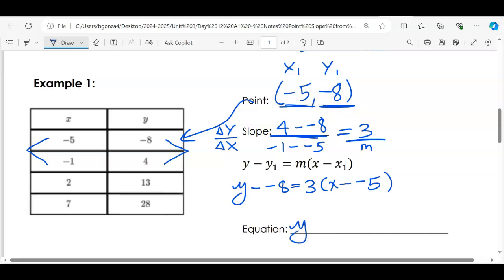So it's really just y plus 8 equals 3x plus 5. If you want to skip that middle step because you know minus a negative is plus, that's fine. I just don't want you to forget. Does anyone still need example 1? Flip it over. Example 2. Anyone still need this?